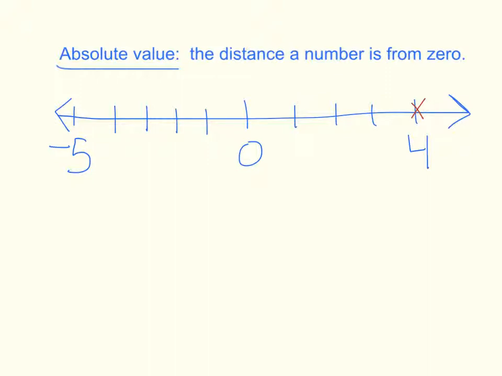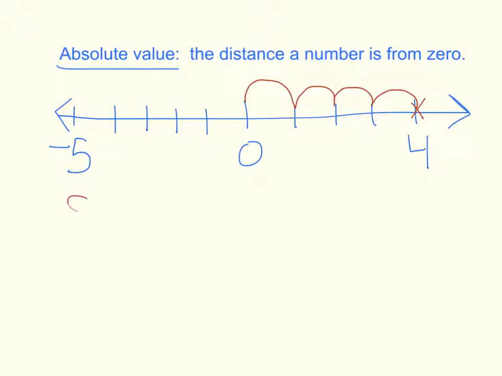If I'm standing on 4, how far away am I from 0? This is the distance. So if I start at 4 and I walk to 3, that's 1. If I walk to 2, that's 2 spaces. If I walk to 1, that's 3 spaces. And I've walked to 0, so I've walked 4 spaces.